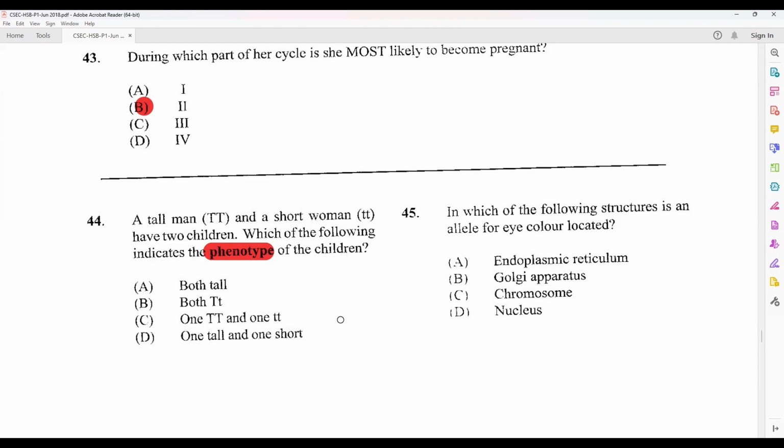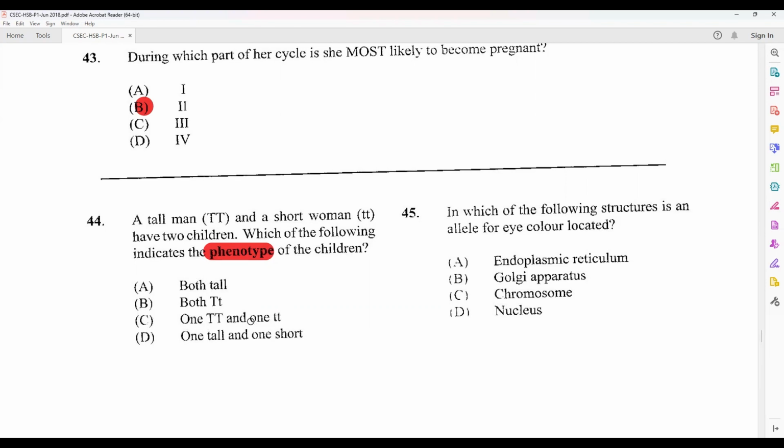So they ask for phenotype. They didn't ask for the genotype. They asked for the phenotype. So when we look, both tall, both heterozygous. Look, they put the genotype here, a capital T and a small t. One homozygous dominant and one homozygous recessive?